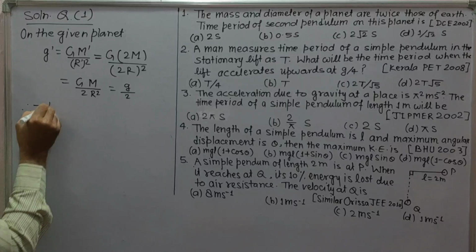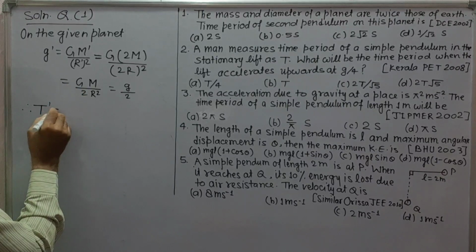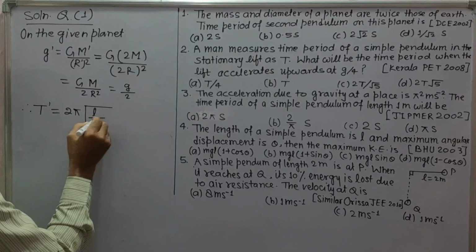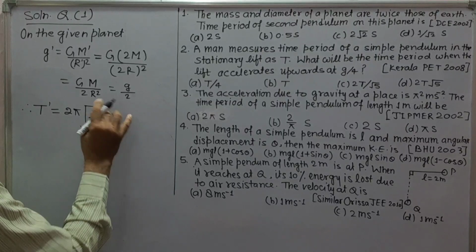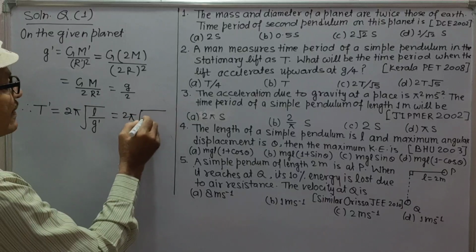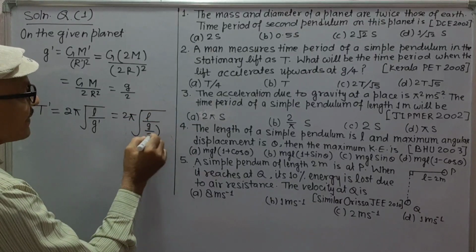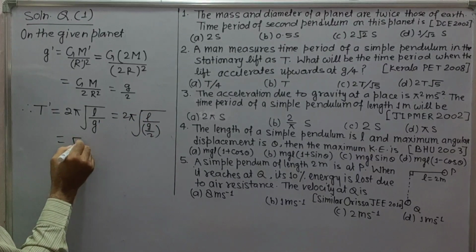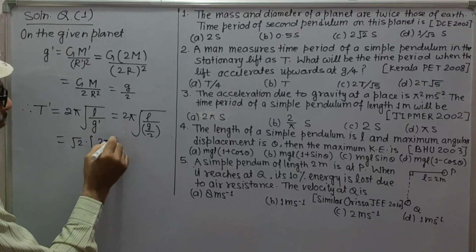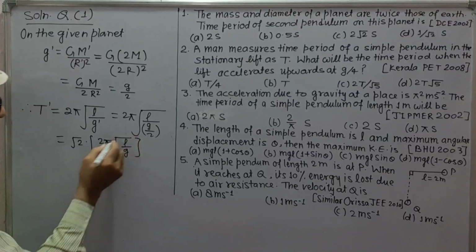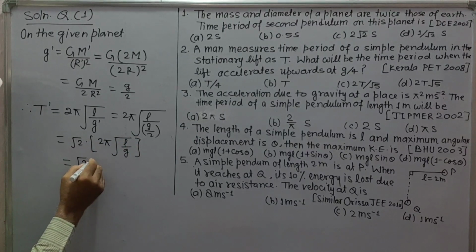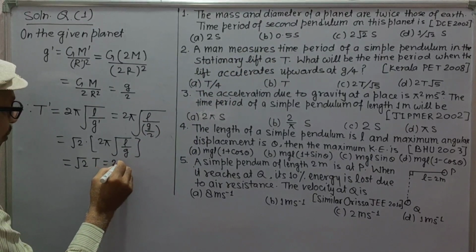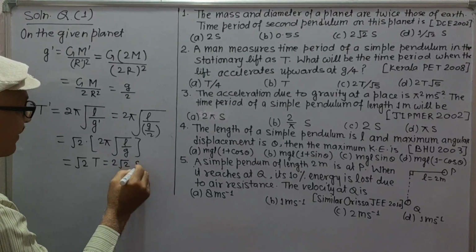Therefore, time period of second pendulum on the planet will be equal to T dash is equal to 2 pi under root L upon g dash, which is 2 pi under root L upon g by 2, which can be written as root 2 goes in the numerator, so root 2 into 2 pi under root L upon g, and this is the time period on earth surface, root 2 T, and T is 2 seconds for second pendulum, so it will be 2 root 2 second.